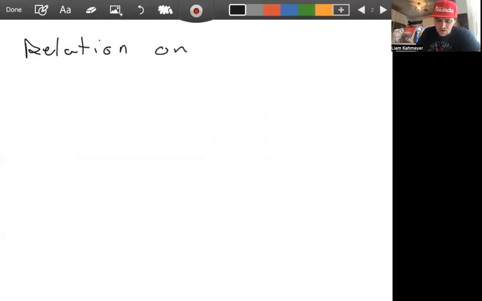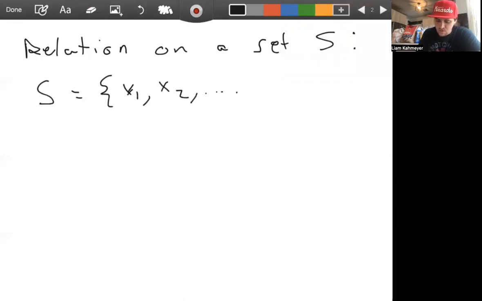We'll say a relation on a set S. S doesn't have to be finite, but for this context, let's just say S is a finite set with elements x1, x2, up through x alpha, say. Then a relation on a set is just that. It relates elements, right?